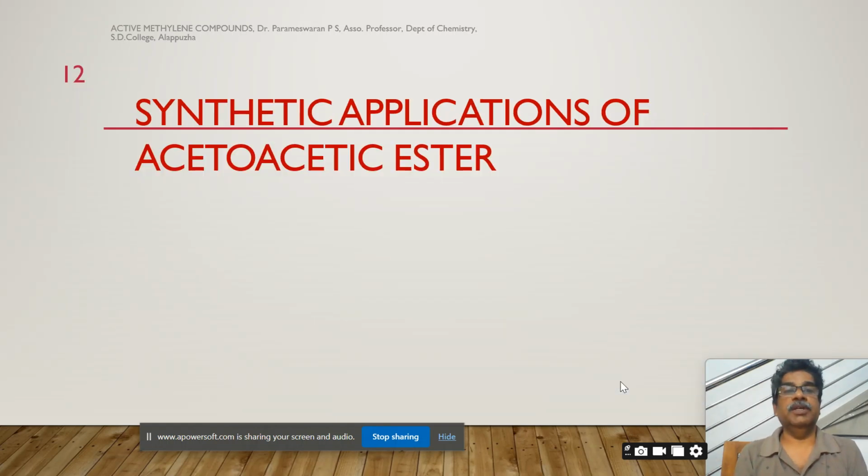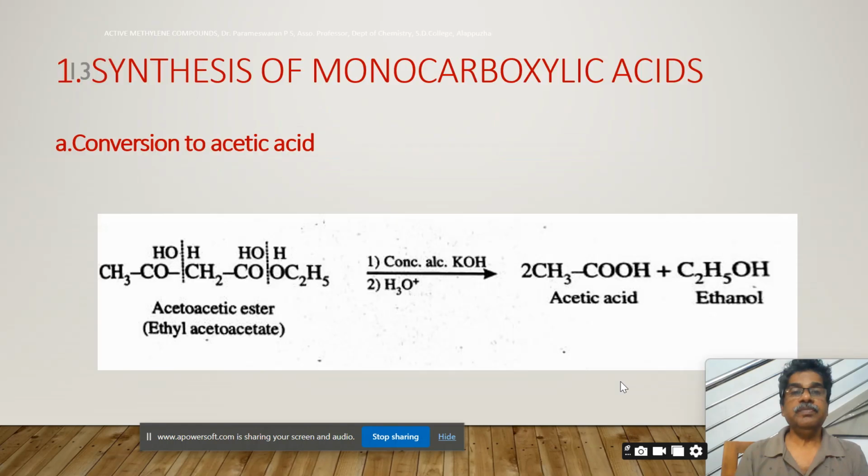Now the synthetic applications of acetoacetic ester. One important synthetic application is that it can be used for the preparation of monocarboxylic acid. It is already mentioned in previous classes. There are two types of hydrolysis.